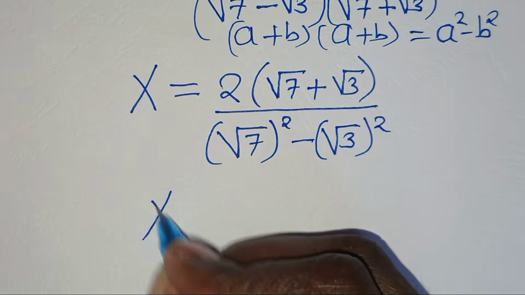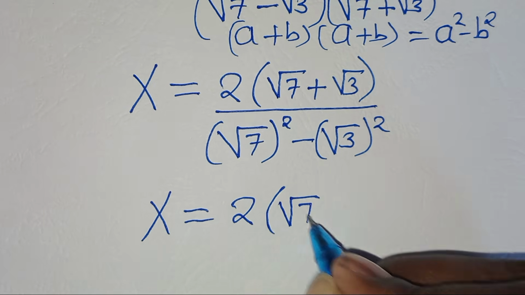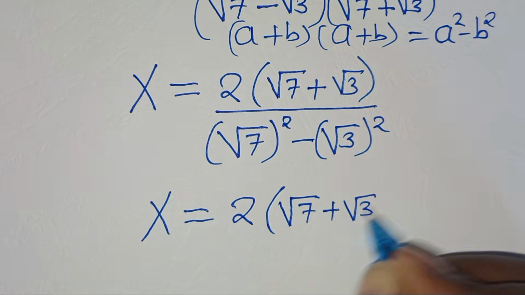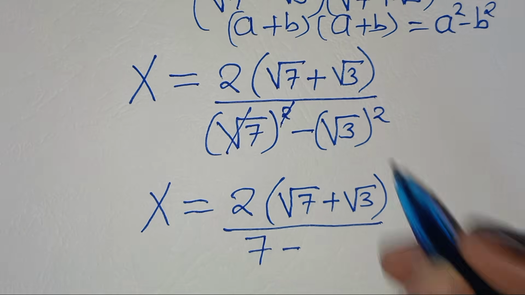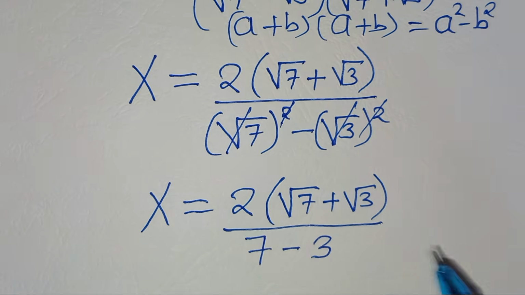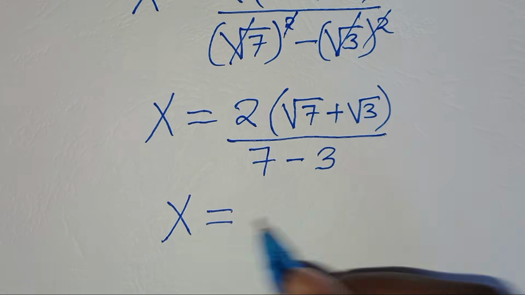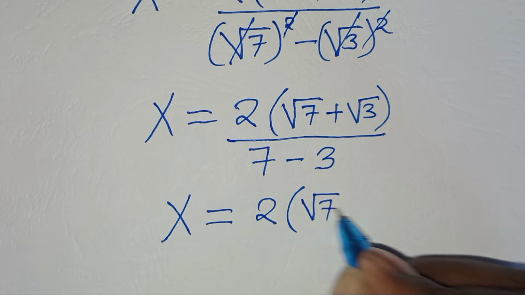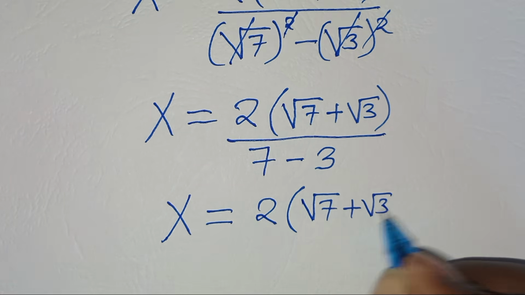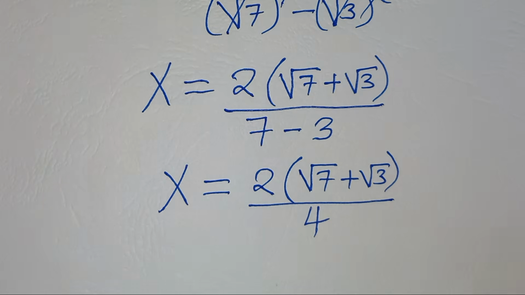So we have that x is equal to 2 into the parentheses, root 7 plus root 3, divided by, now let's eliminate the square root sign, 7 minus 3. So this implies that x is equal to 2 into the parentheses, root 7 plus root 3, divided by 7 minus 3, and this is equal to 4.